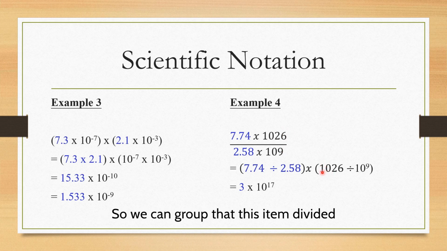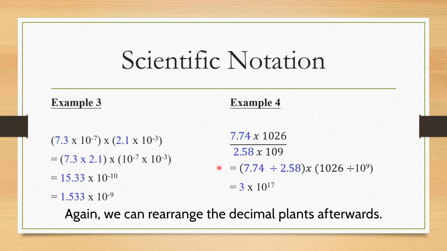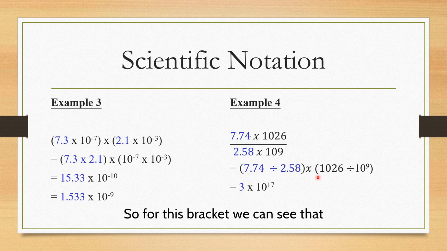So we group this item divided by this item, and 7.74 divided by 2.58. Again, we can rearrange the decimal points afterwards. For this bracket, we simply use 26 minus 9, which gives power 17. So finally, we get this answer, 3 times 10 to the power 17.